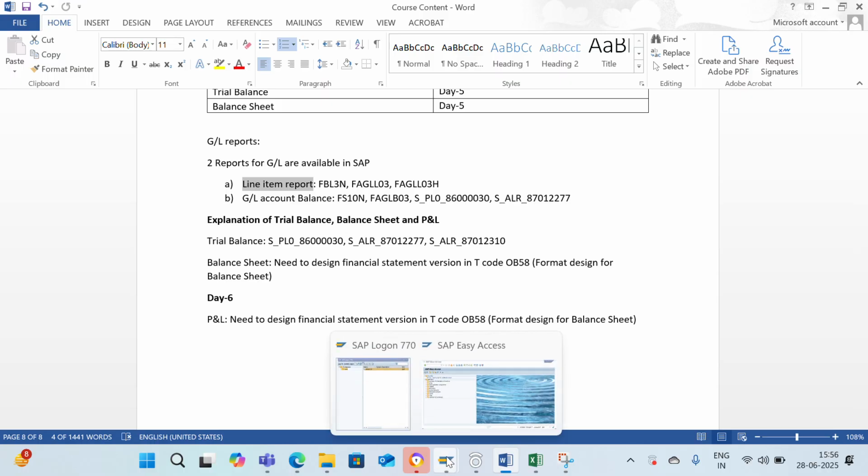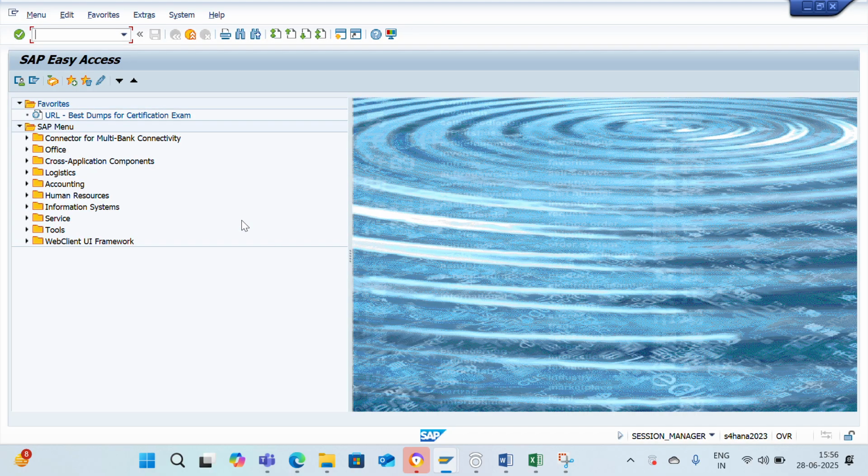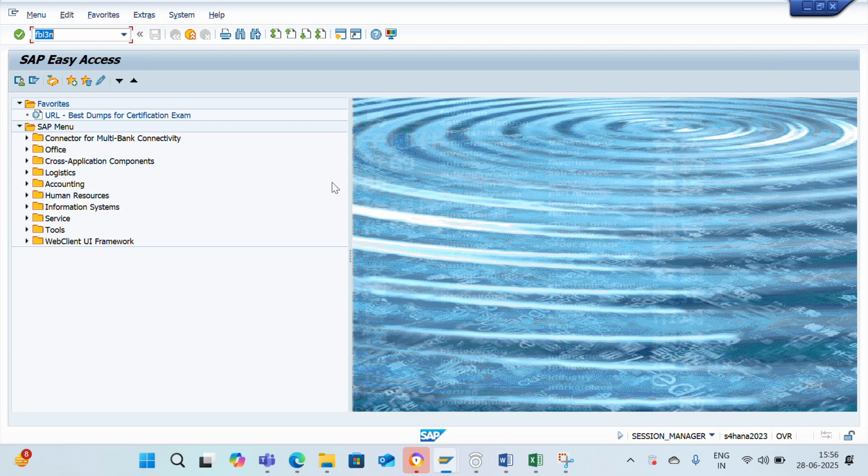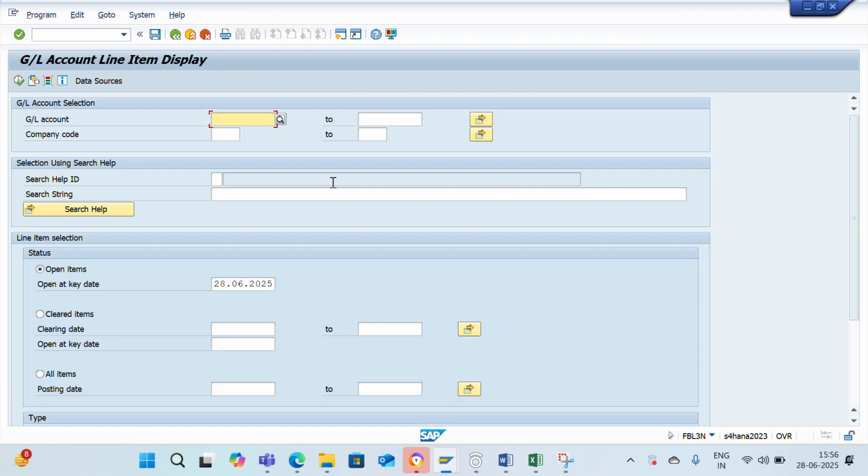Now let's see in SAP. First I am executing the GL report, that is FBL3N. The first transaction that I have mentioned is FBL3N. Here we have the option to give the company code and the GL account for which we want to see the line items.